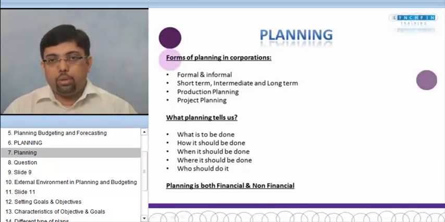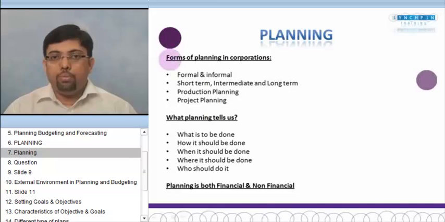Planning is done for both financial and non-financial. What does it mean? It means planning which we present in the financial format is nothing more than the reflection of the operations in terms of digits or numbers. So what actually is financial planning? Financial planning is the reflection of operations in figures.